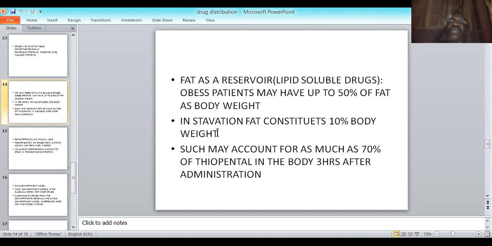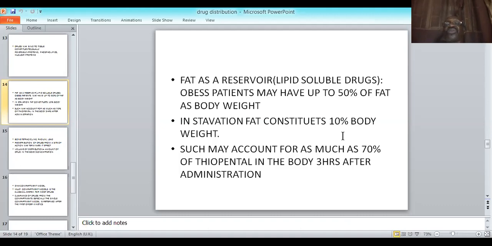Then imagine a patient who is starving, a patient suffering from starvation, who has 10% of the body weight as fat. If such a patient takes the same drug, it means only 10% will be partitioned into fat. You have 90% free floating.